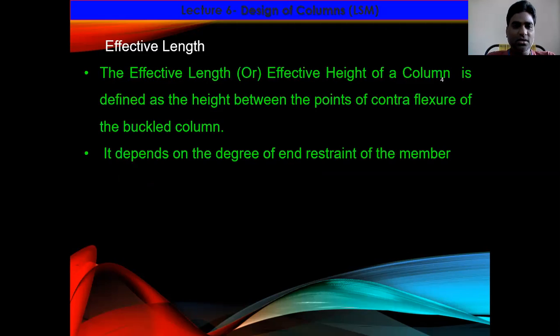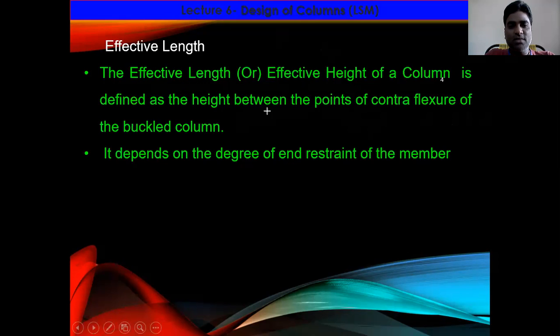Then coming to today's topic, that is effective length. So what is meant by effective length? Effective length is nothing but the height of a column defined as the height between the points of contraflexure of the buckled column. What does it mean actually? I will annotate it for clear understanding.